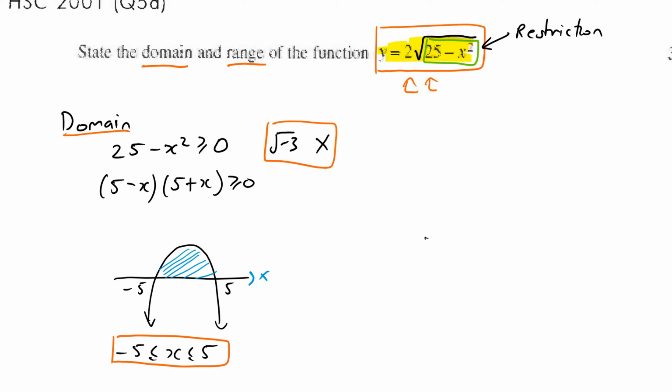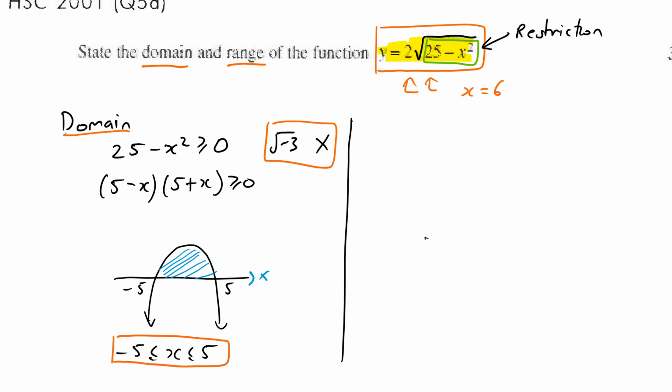For any other values outside this boundary, you have a negative number. For example, if you tried x equals 6, that's outside this boundary. If I substitute 6 into this, I get 25 minus 36, which is -11, and we can't have the square root of -11. It doesn't exist. So that's basically it for the domain.